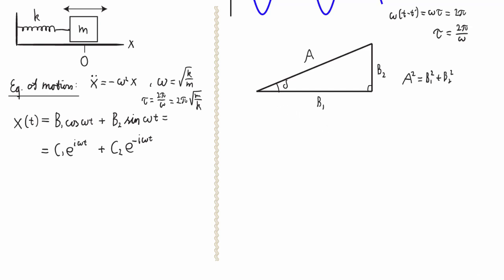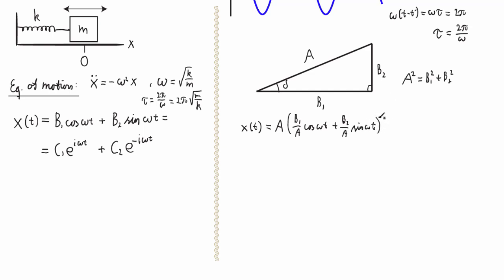So with this, we can now rewrite the solution for the harmonic oscillator in a slightly different form, which is illustrative, I think. So we have that x of t. We can rewrite that now as just taking a in front, and then we'll get b1 over a times cosine of omega t plus b2 over a times sine omega t.